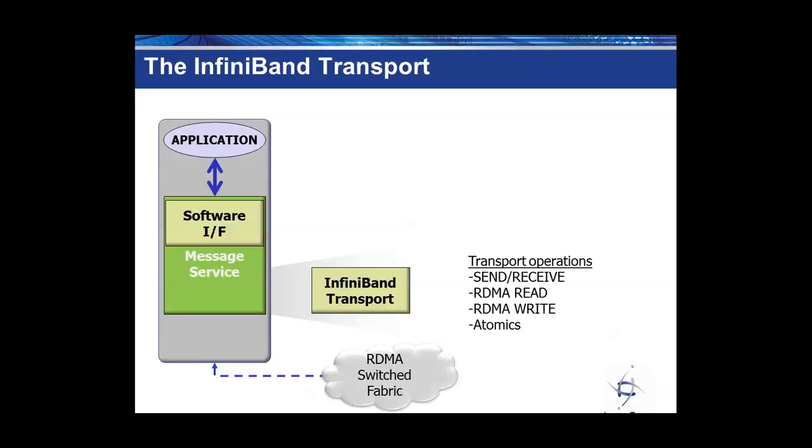We also sometimes call the send-receive a channel semantic because it works like a classic I/O channel. The sender pushes the message to the receiver's message service, which is then responsible for placing the message in user memory. This is really helpful for small message operations like control messages or for exchanging synchronization messages back and forth.